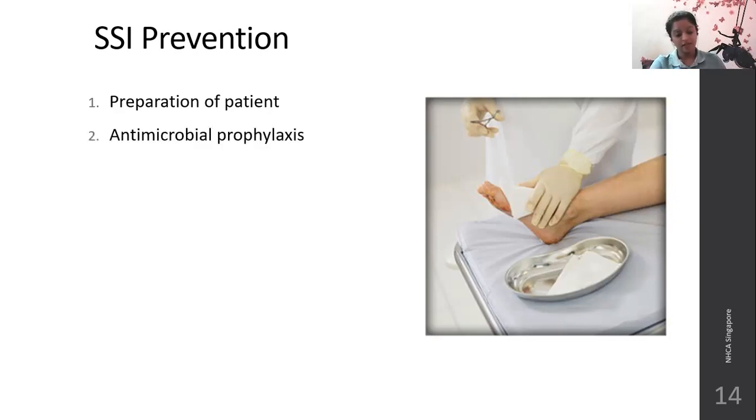Antimicrobial prophylaxis: you have to administer prophylactic antibiotics, especially targeting the pathogens that may cause surgical site infection. It has to be administered via the IV route, and timed according to the bactericidal concentration. Maintain therapeutic levels of the agent in the serum and tissues throughout the operation, until at the most a few hours after the incision is closed in the operating room.